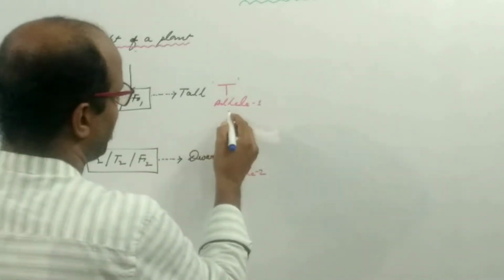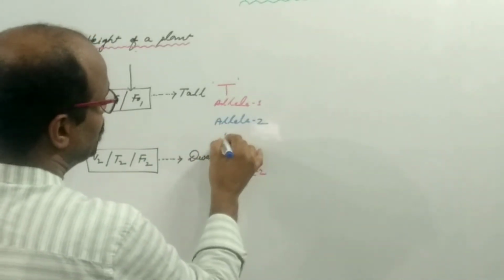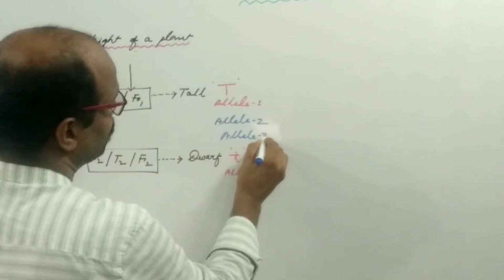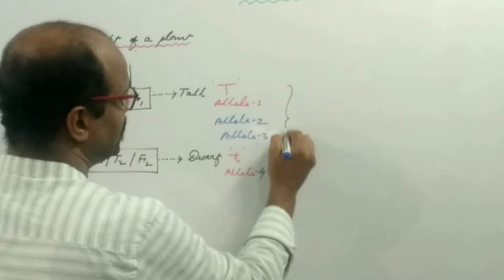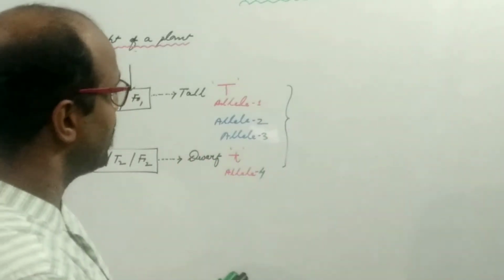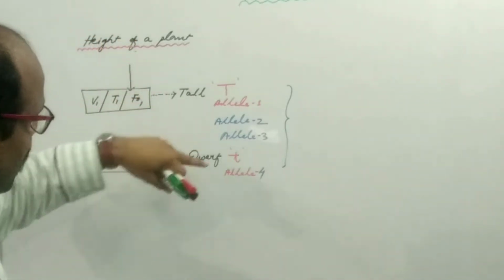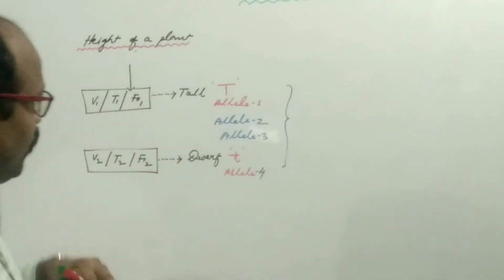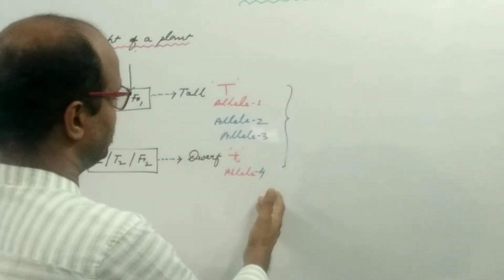Here we are adding another two forms, allele 3 and allele 4. This is post-Mendelism, meaning after Mendel. Each gene now has four forms, and these four forms are known as four alleles.